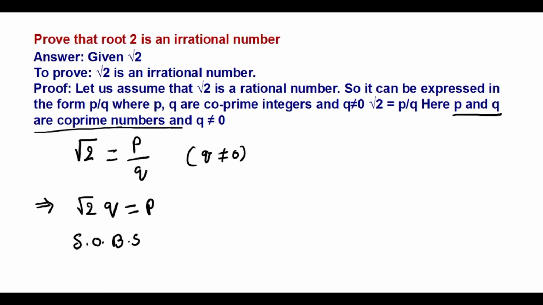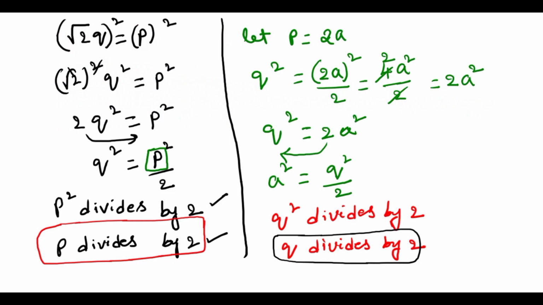What is the meaning of co-prime number? It doesn't have a common factor, right? But here what we proved? P divides by 2, q also divides by 2. That means p and q have a common factor 2. So both p and q have a common factor 2.